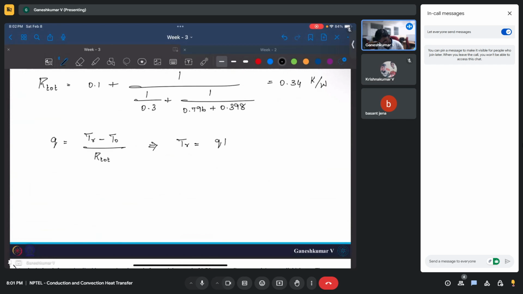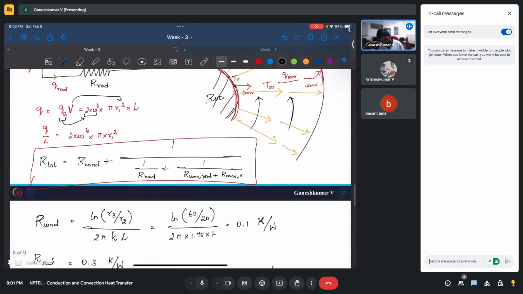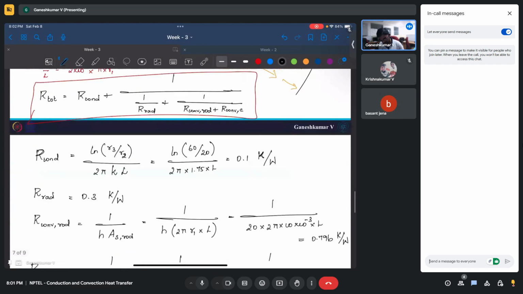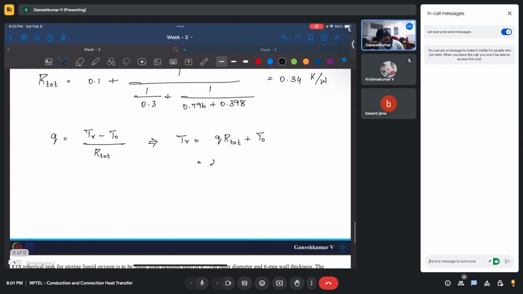TR is Q times R total plus T naught. Q we already know, which is 2 into 10 power 6 into pi into R1 squared. R1 is 10 mm, which is 10 into 10 power minus 3, squared, times R total, which is 0.34, plus T naught.